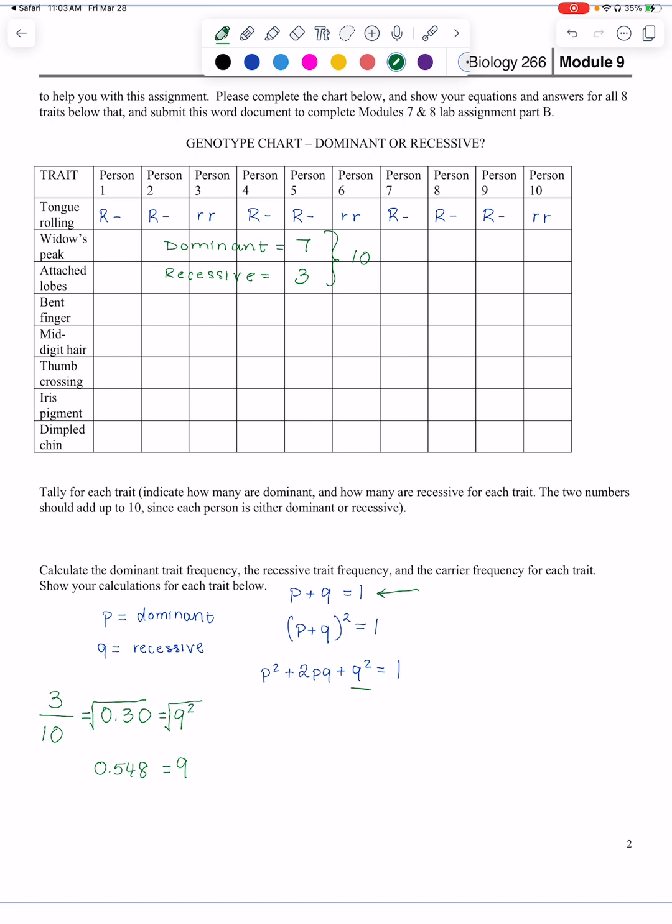I'm going to basically plug the numbers into my equation and do a little bit of rearranging, essentially saying 1 minus the number I just got, which is 0.548, is going to be equal to p. And if I were to just plug that number into my calculator, I also can figure out that p is equal to 0.452.